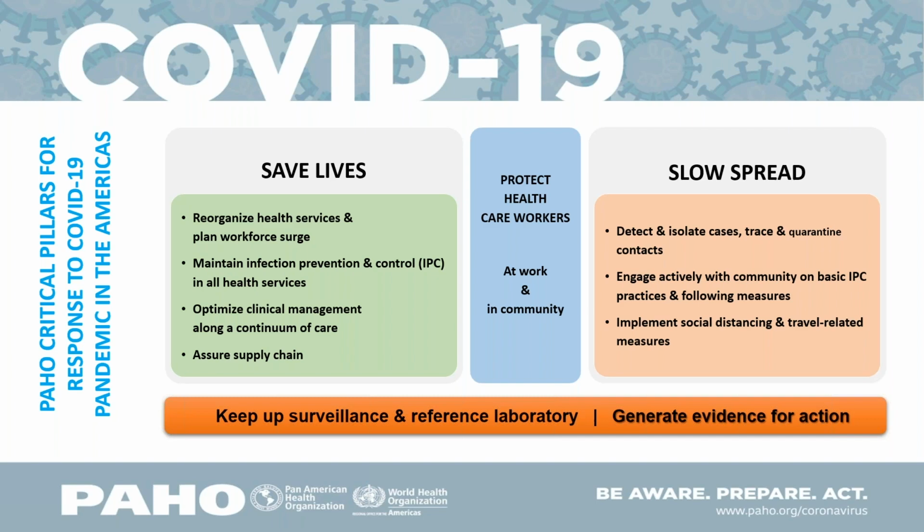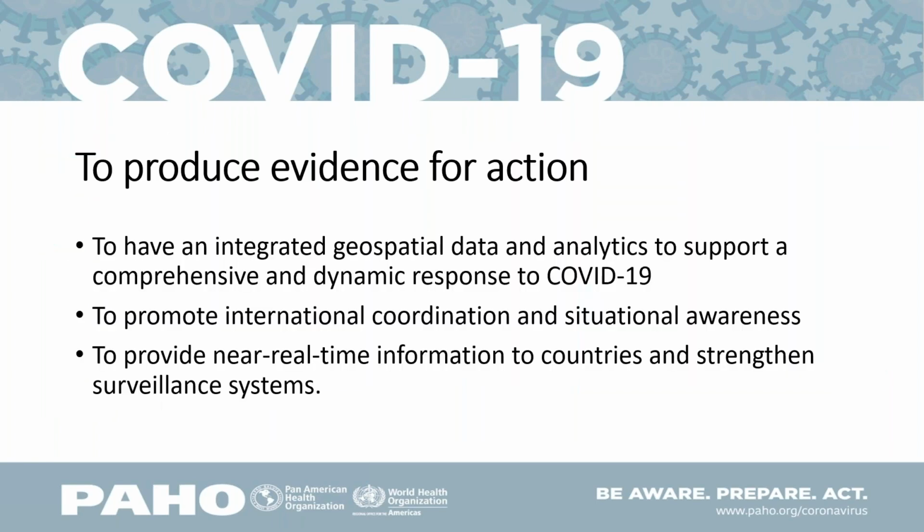And what we are doing here is, at the bottom of these pillars, trying to generate evidence for action. And how do we do that? We are trying to collect and compile information from countries at different levels and display it using maps and some spatial analysis and also other kinds of epidemiological analysis.